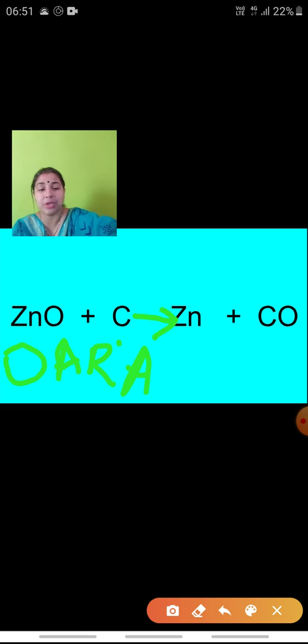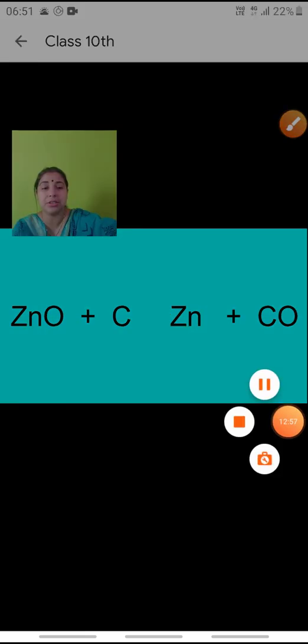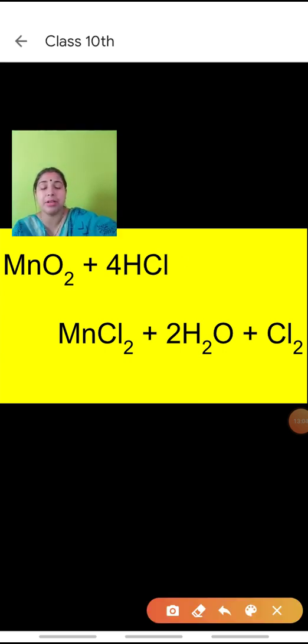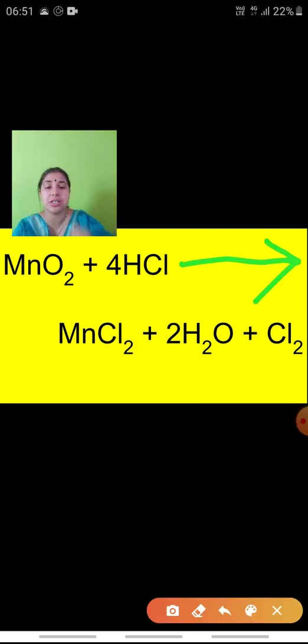Now children, we can see another example. Yes, see, this is another example of a chemical reaction in which MnO2, manganese dioxide, reacts with 4 moles of hydrochloric acid.